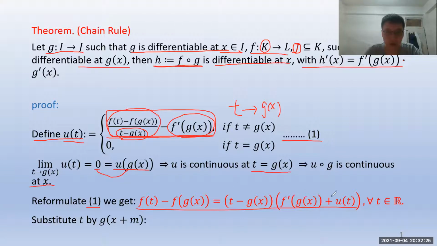So if t equals g(x), then t minus g(x) is equal to 0, so this term is equal to 0, and mu(t) equals mu(g(x)), which is equal to 0.